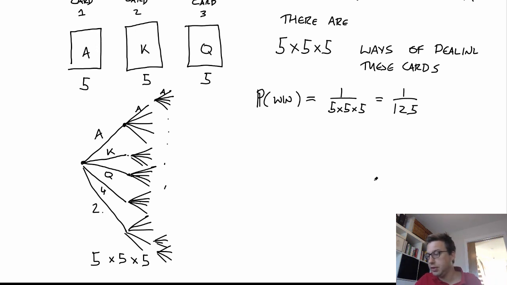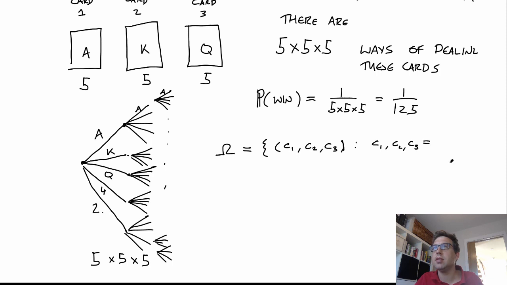So this is something that's generally true. Notice that the sample space that we're considering is really like a Cartesian set. So we've got card 1, card 2, and card 3. The outcome is specified by this vector where each coordinate of the vector is the outcome of the card. So card 1, card 2, and card 3 can be equal to any of ace, king, queen, 4 or 2.